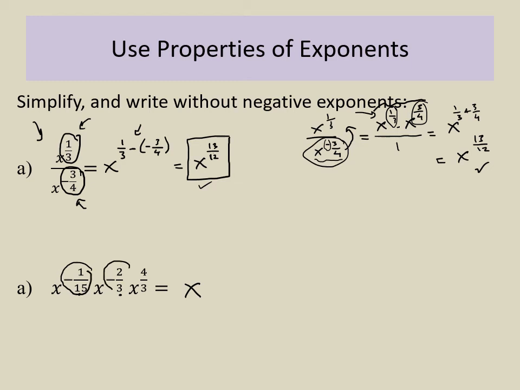-1/15 plus -2/3. Well, I don't have to write plus negative, it's just minus. So -1/15 minus 2/3 plus 4/3. And that's going to be all in the exponent here.